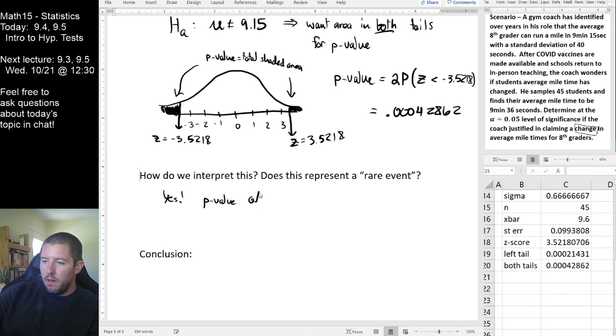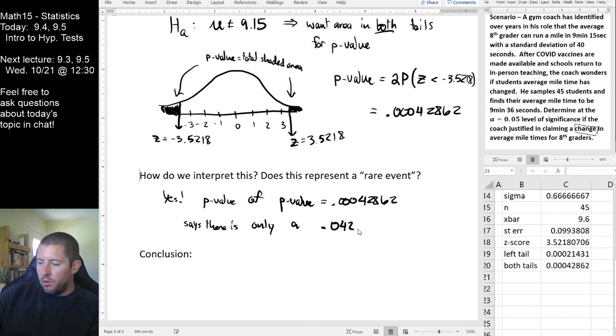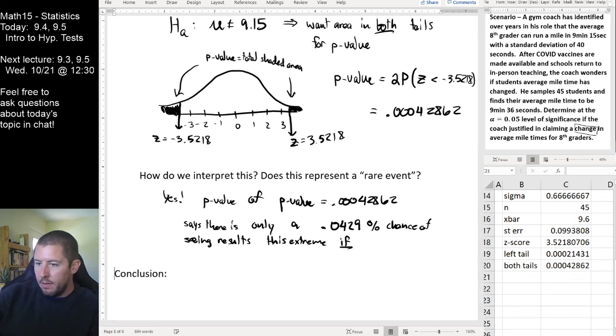Our p-value of 0.000428662 says there's only a 0.043% chance of seeing results this extreme if, huge if right there, I can't bold it and underline it enough, if the null hypothesis were true.